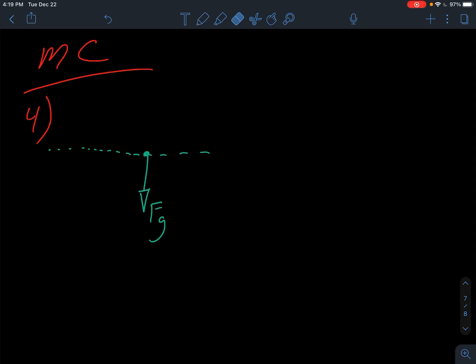The reasoning is this bag weighs something. Force of gravity going down. So there needs to be whatever it weighs. If it's a 5-pound backpack, there needs to be a total of 5 pounds going upward. Well, where does that force come in? Because there's no direct upward force here. So it comes from the vertical components of these tension forces.